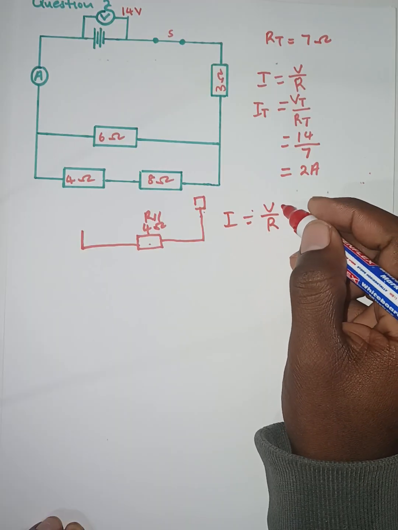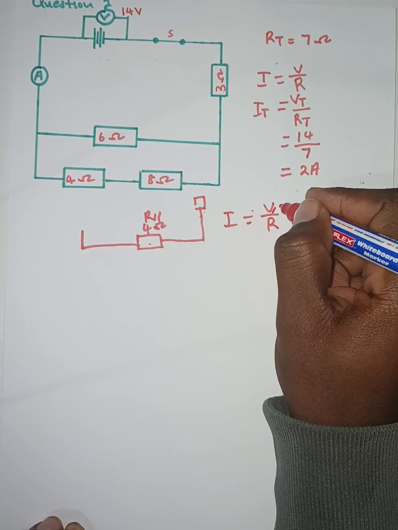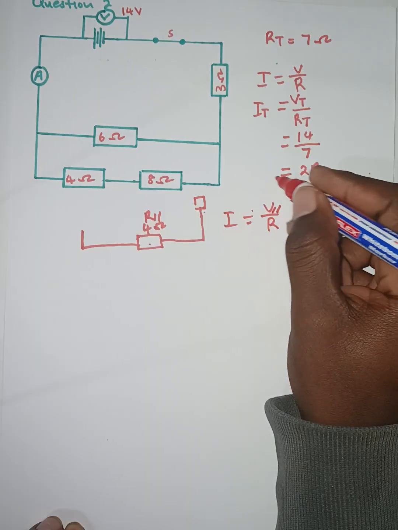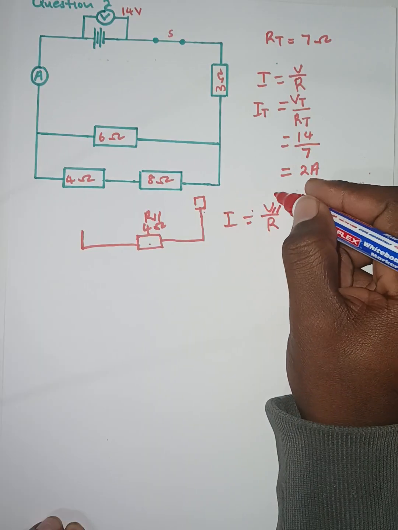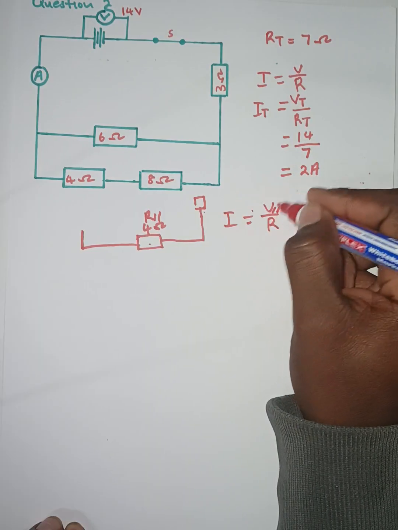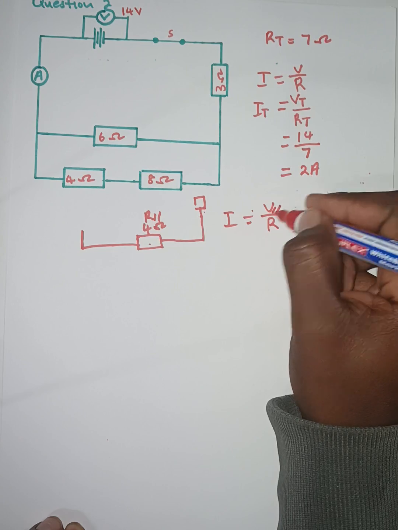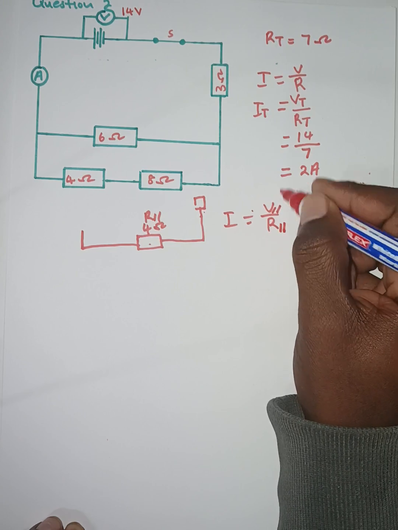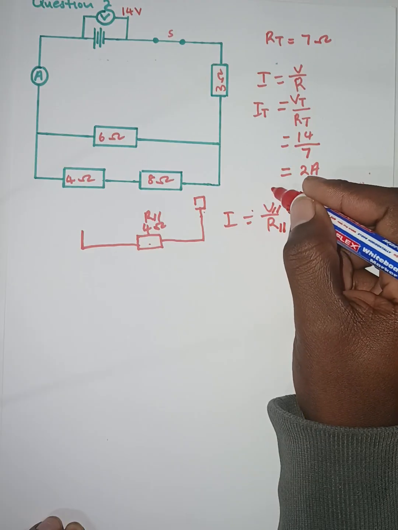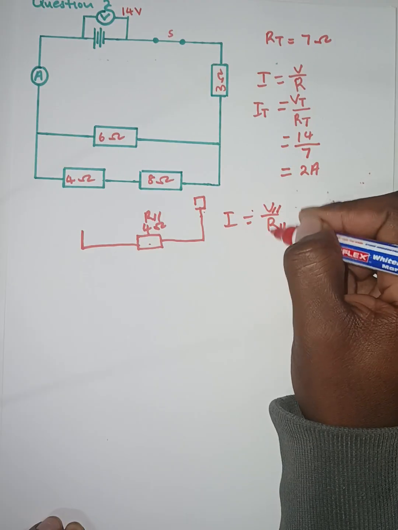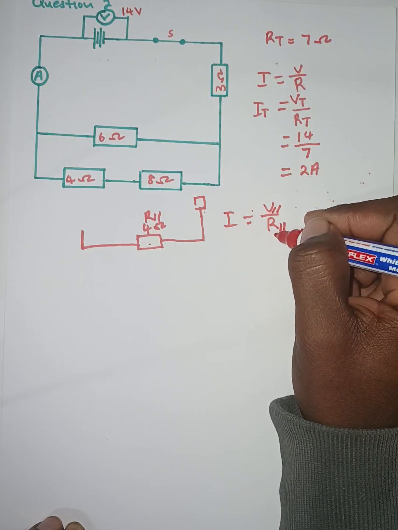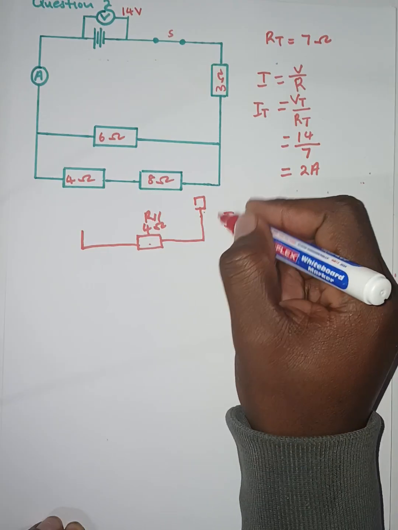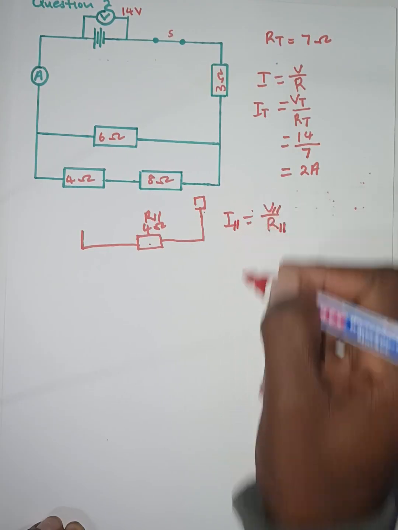I'm looking for V parallel, the voltage across our parallel resistor. So if I'm calculating V parallel, I must also use R parallel, because when you use a certain voltage you must use it with its corresponding resistor. So even with that I, it would be I parallel.